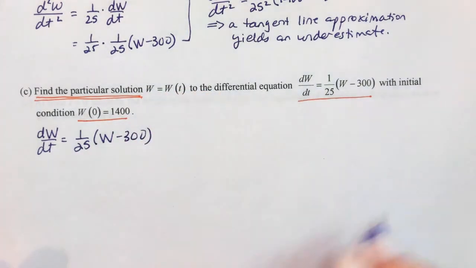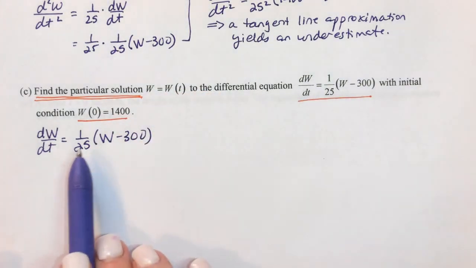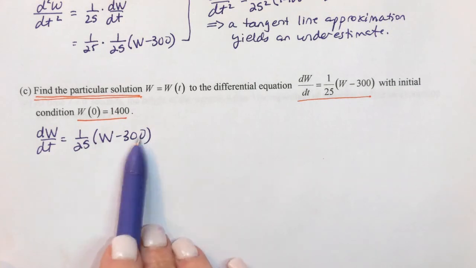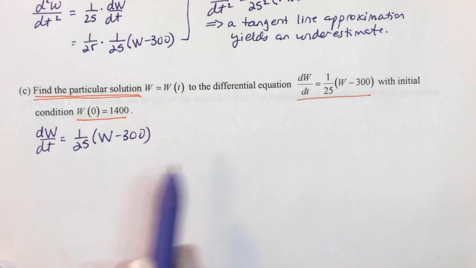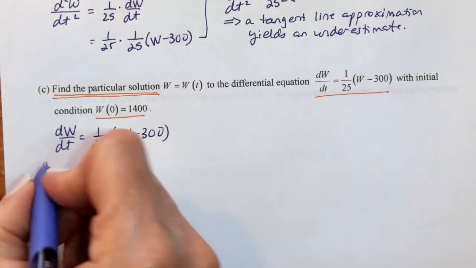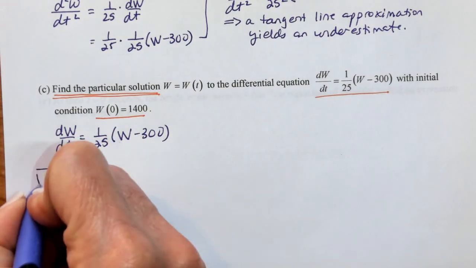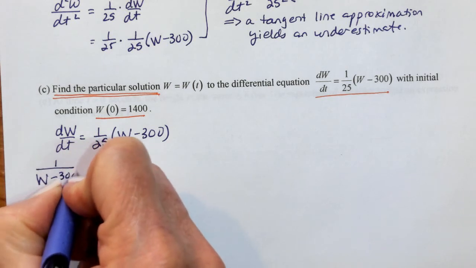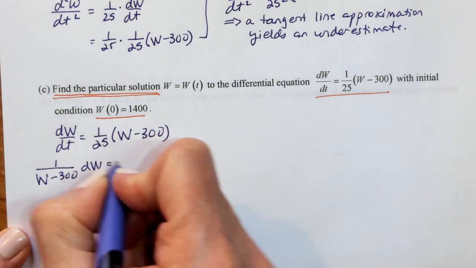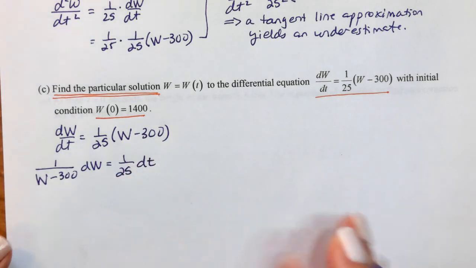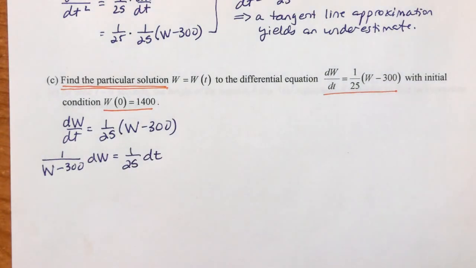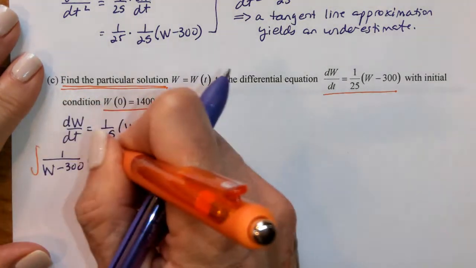You may or may not recall we do not distribute here. It's easier just to leave the 1/25 here, divide both sides by your W minus 300. So I'm dividing both sides by W minus 300, and I'm multiplying both sides by dt, the differential of t. I separated, now we integrate.